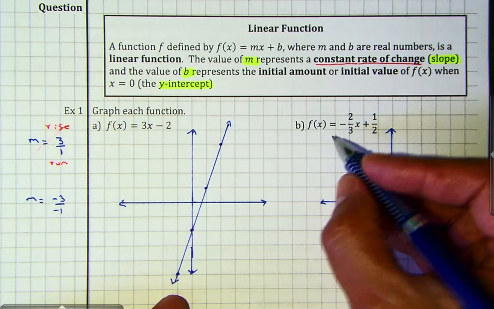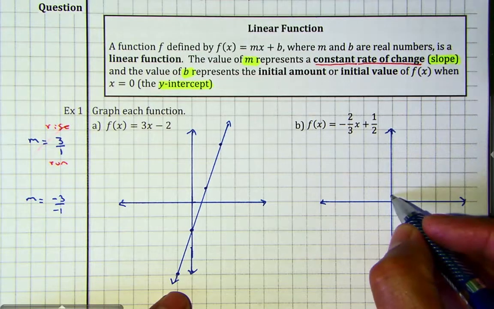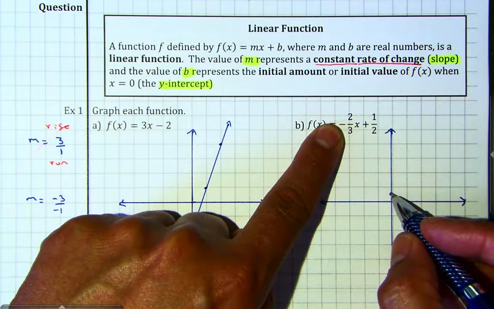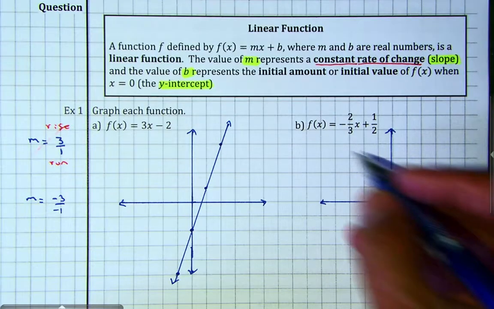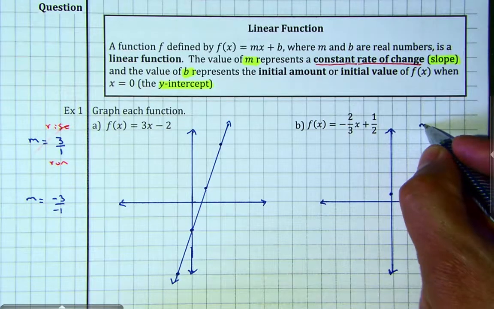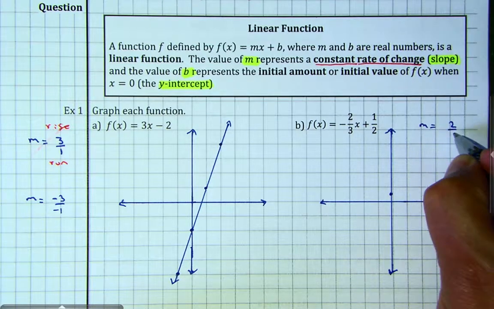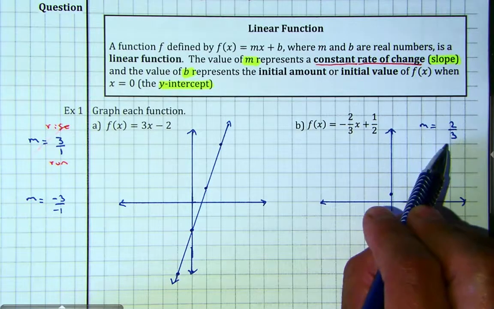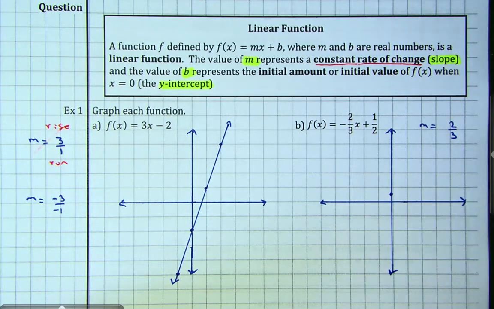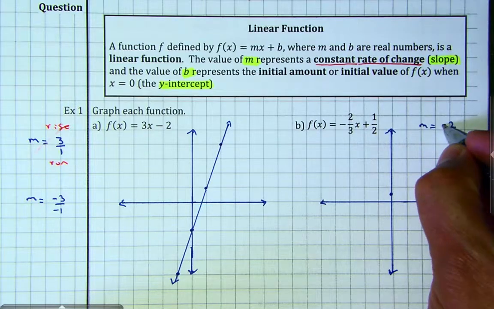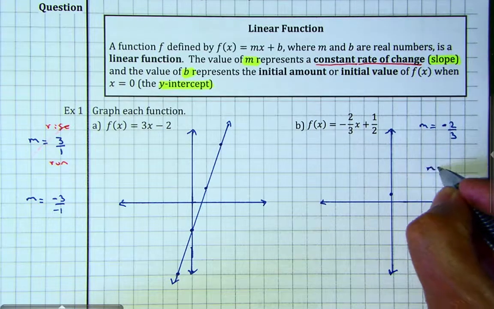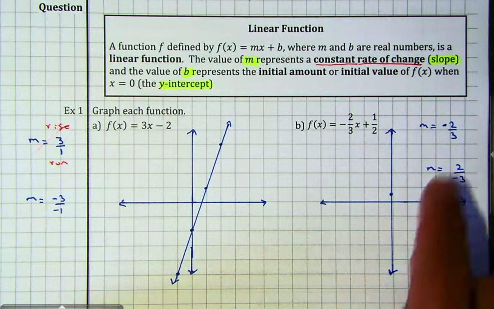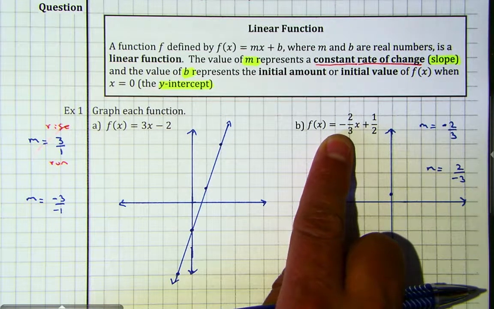For letter B, my y-intercept is 1/2. My slope is -2 over 3, or -2/3. Now, when we think about the slope, we know that our slope 2/3 is negative. And the negative belongs to the 2 or to the 3. It belongs to either one of them, right? So it can belong to the 2, or we can also think about your slope as 2 over -3. Both of them are equivalent to -2/3.